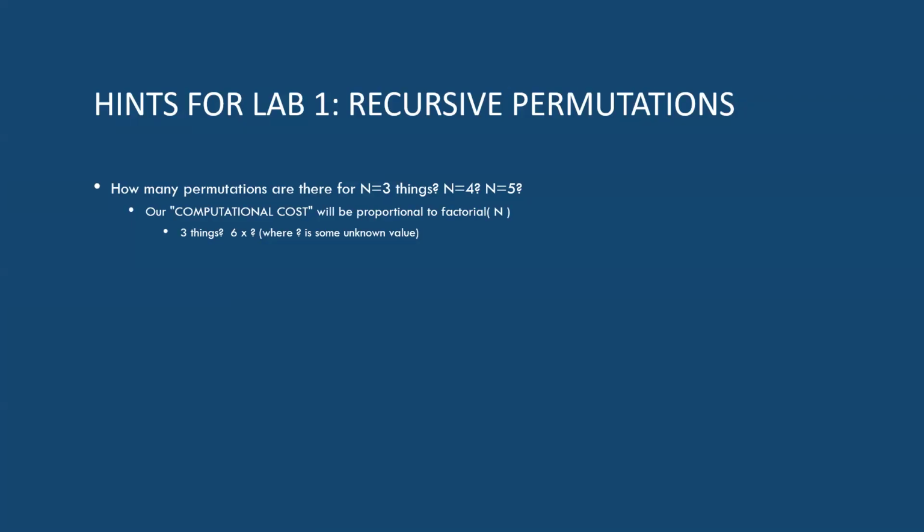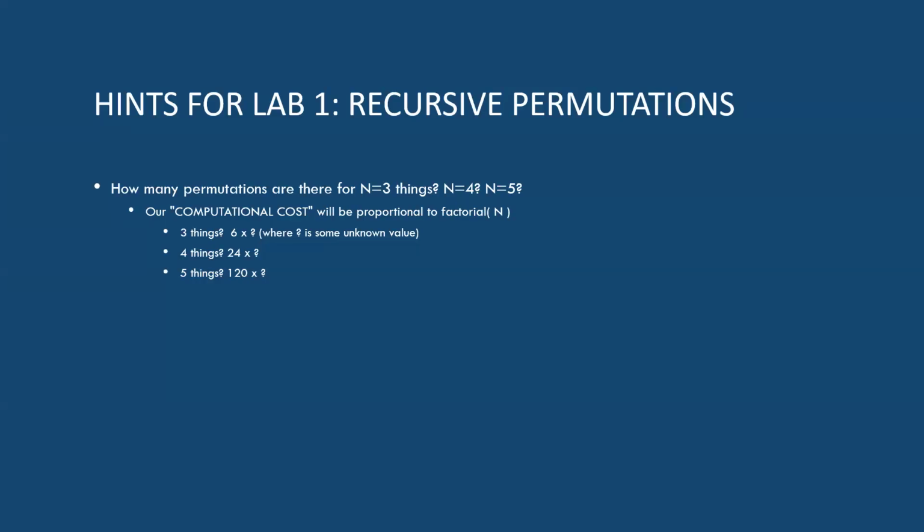Because every permutation is maybe not going to cost some fixed amount of work. What is that thing? We don't know, but we know for 3 things it's going to be factorial of 3, which is 6. For 4 things it's going to be 24. For 5 things it's going to be 120. So as it turns out, that question mark is n.